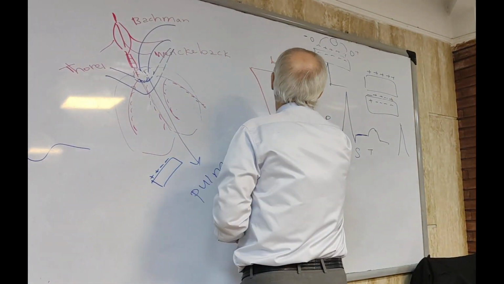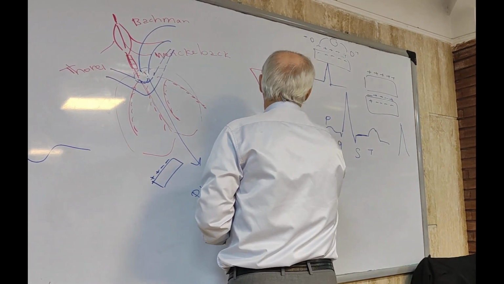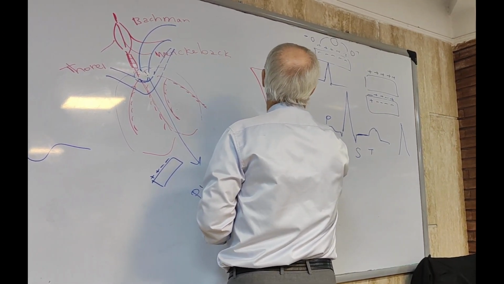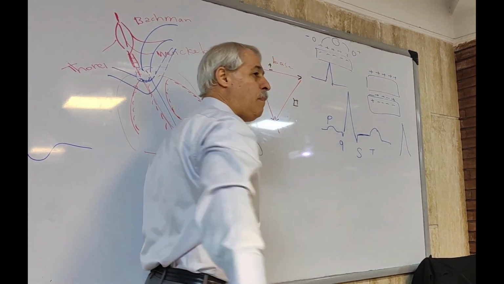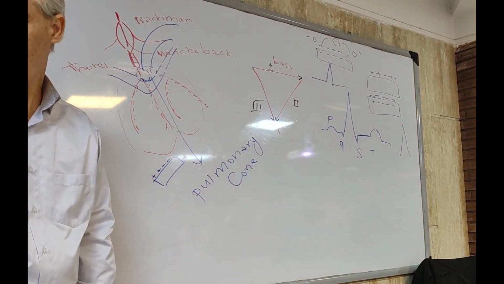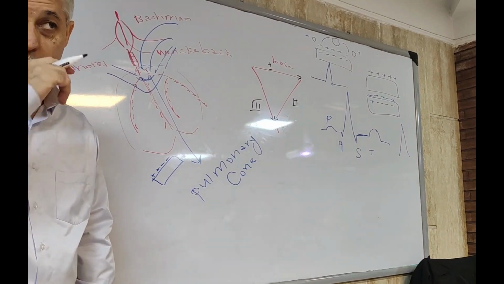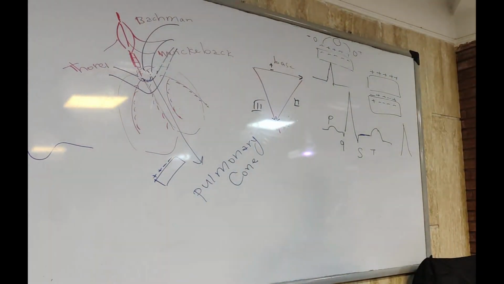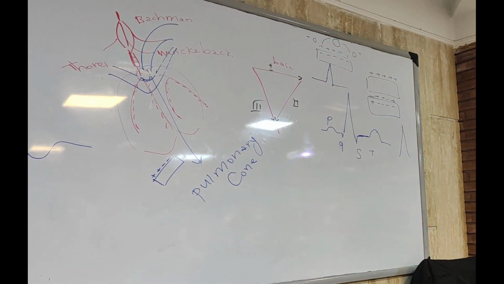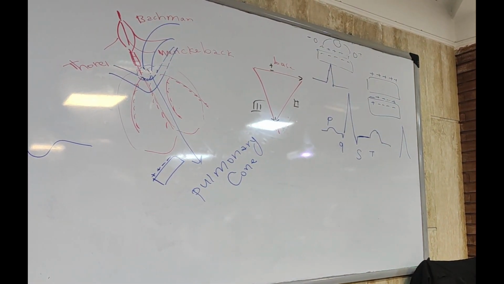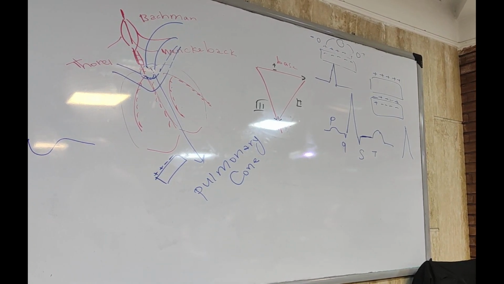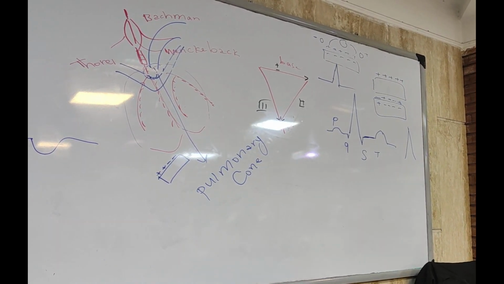See, limb lead 1, limb lead 2, limb lead 3. Am I right? These are 3. Since we use 2 electrodes, it's called bipolar. Bipolar limb leads.